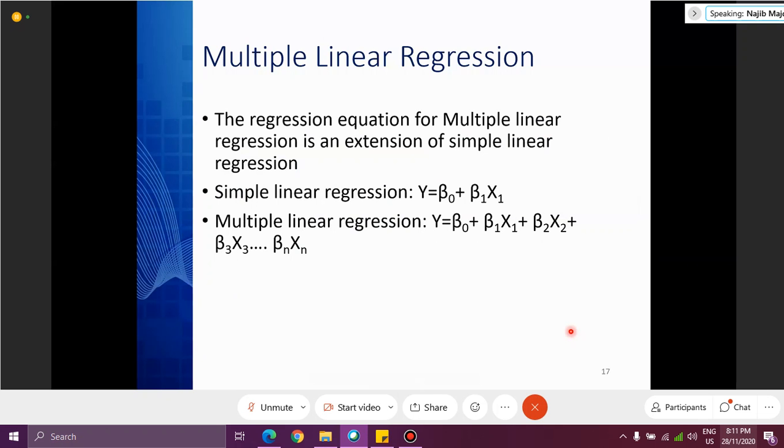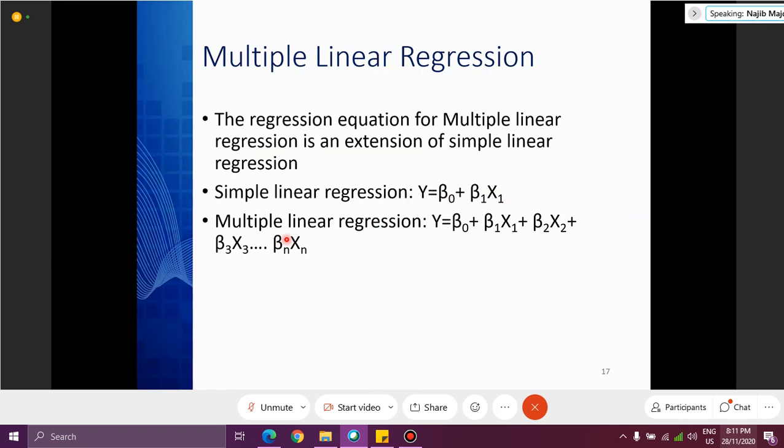Okay, so multiple linear regression is an extension of simple linear regression. You remember simple linear regression, the equation is y equals beta 0 plus beta 1 x. Beta 0 is the intercept, beta 1 is the slope, and x is the value of the one independent variable.